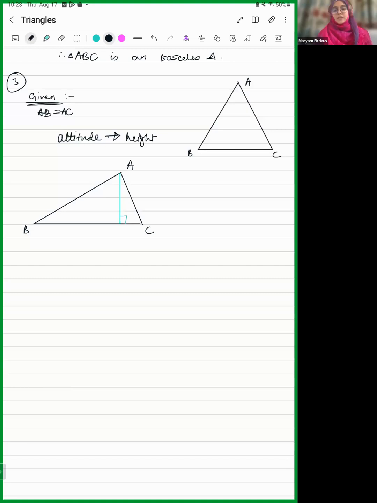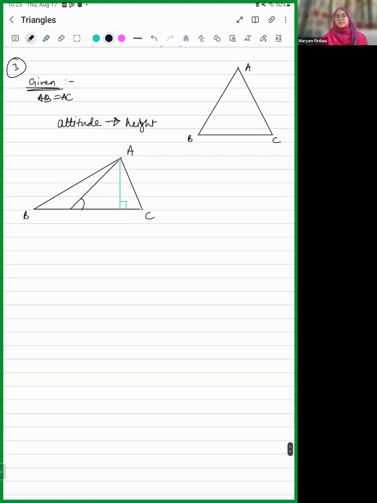Does any line become a median? Is this a median? This doesn't form 90 degrees. Is this a median? What is a median? It bisects an angle? Which angle? Angle A. Okay, see. A median is that line segment which bisects the opposite side.